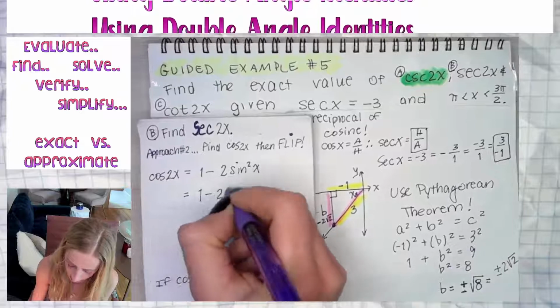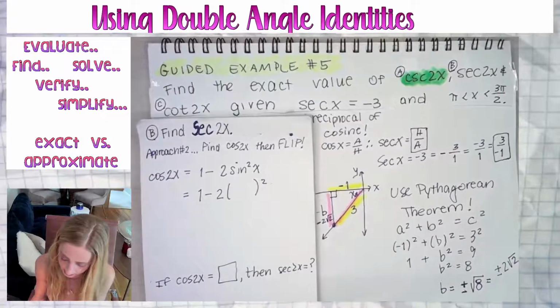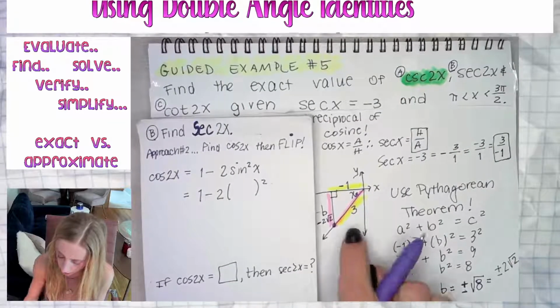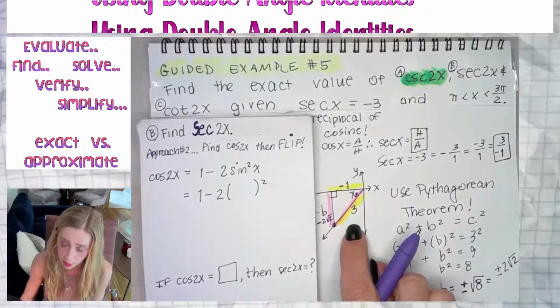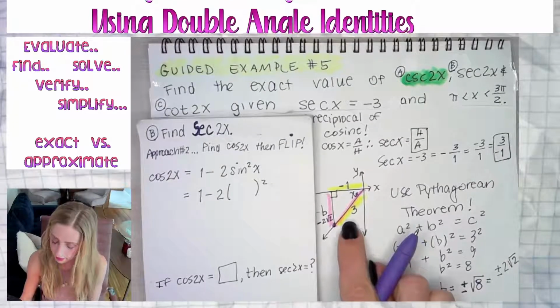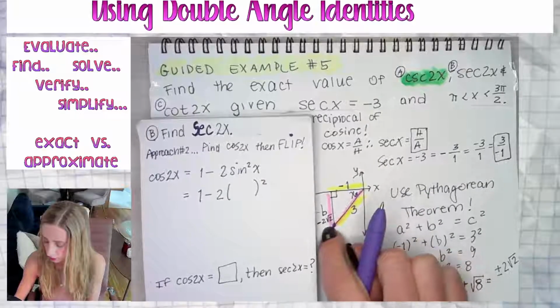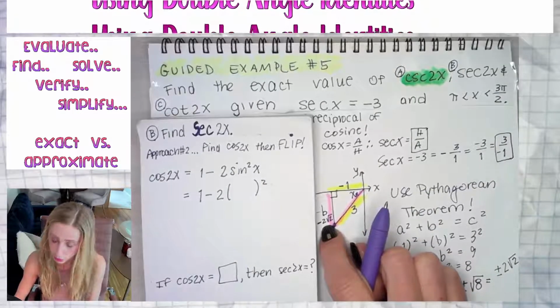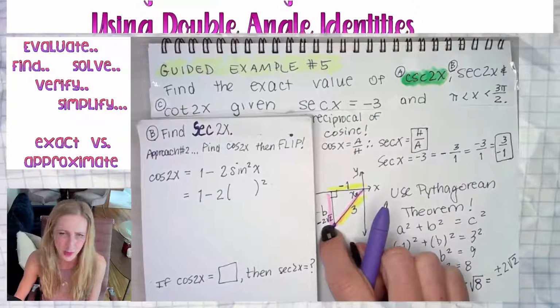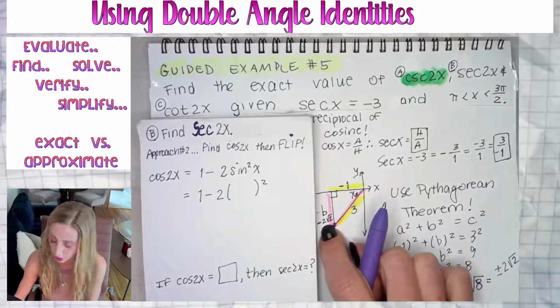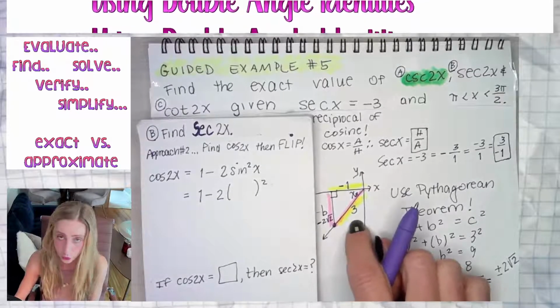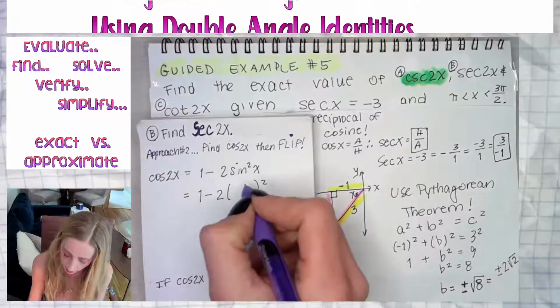So we got 1 minus 2 sine. I'm going to move a little quicker now. What does sine equal? Here's my triangle that I'm going to use. Sine is opposite over hypotenuse, negative 2 root 2 over 3. I keep wanting to say root 2 over 2, you know, unit circle. That's sine.